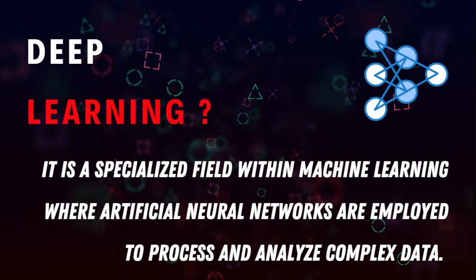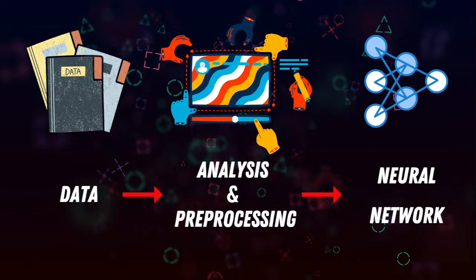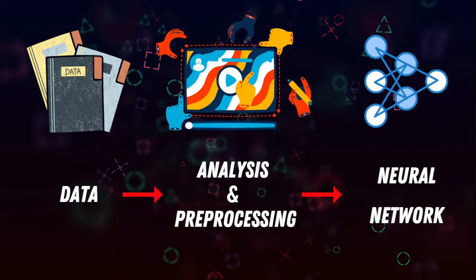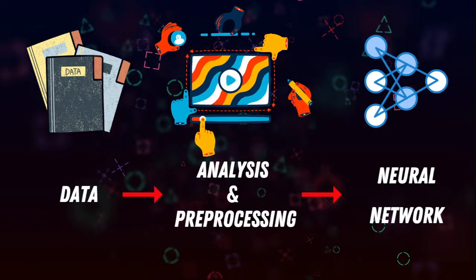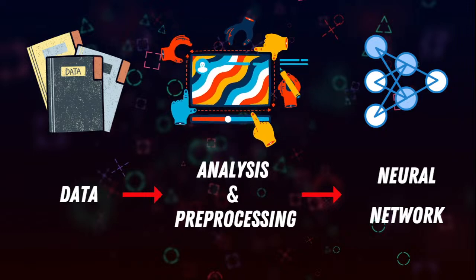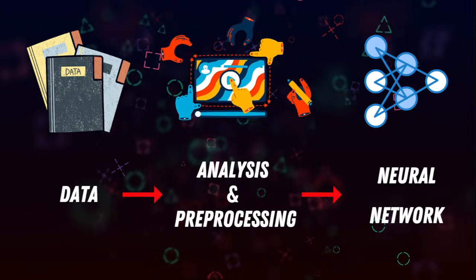So these are some advanced versions of algorithms where you can define your own neural network. The neural network concept is created just to mimic human brain activity, like the neurons in our brain, and they do a lot of complex processes. So here in deep learning, we have the data, we'll analyze and process it and give it to the neural network. That's the idea behind deep learning. Is it clear?